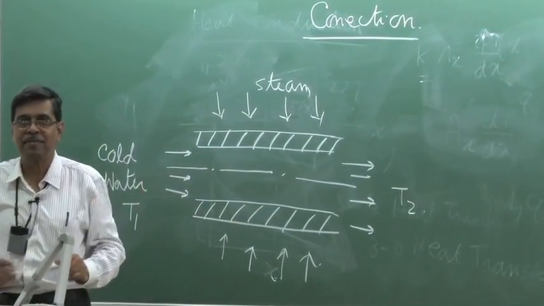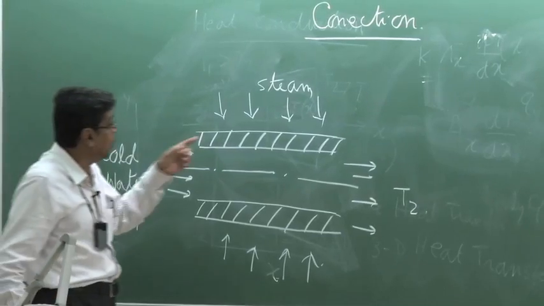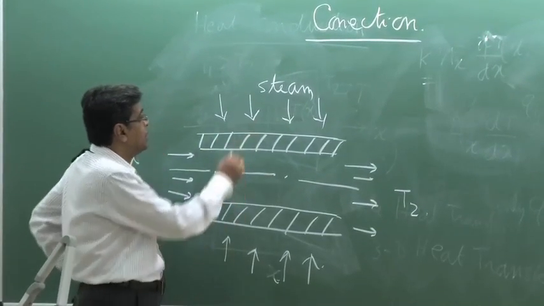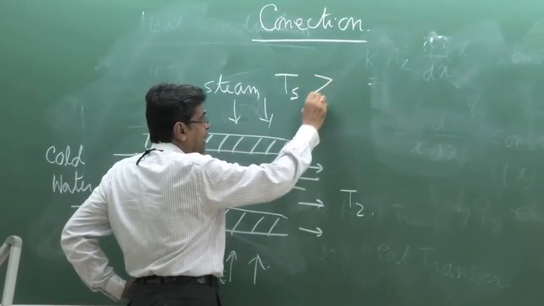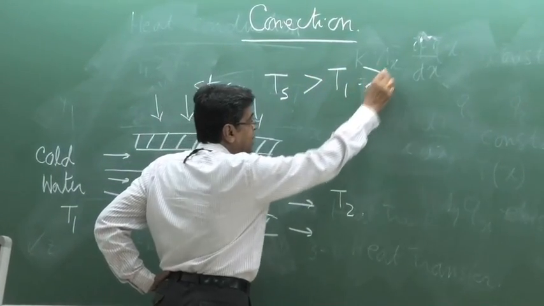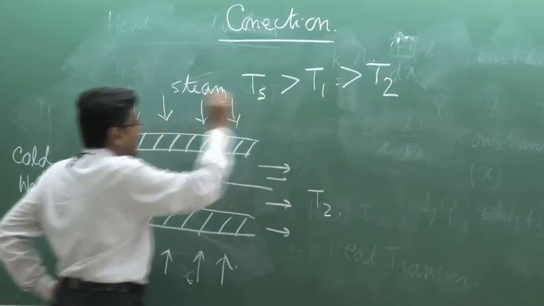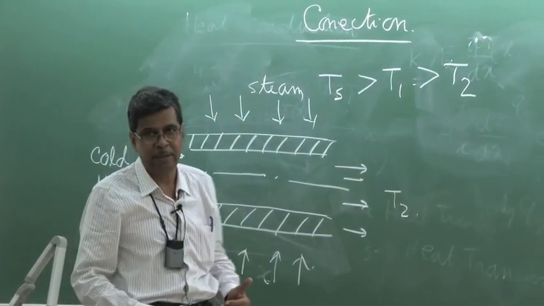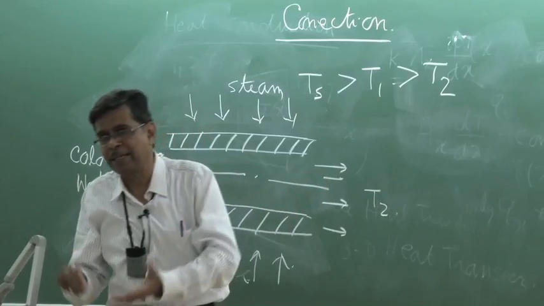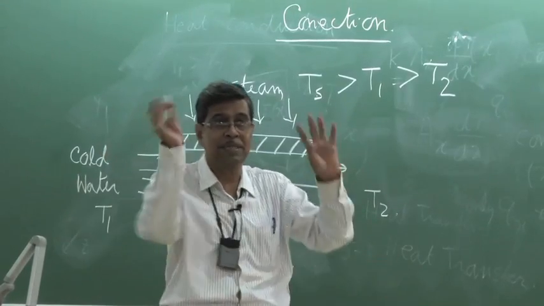Now what happens? Try to understand. Because of this flow of steam, let us consider a temperature Ts, which is greater than T1, which is greater than T2. The steam temperature is the saturation temperature corresponding to the pressure at which we get it. At this moment we are not bothered much about the saturation state.